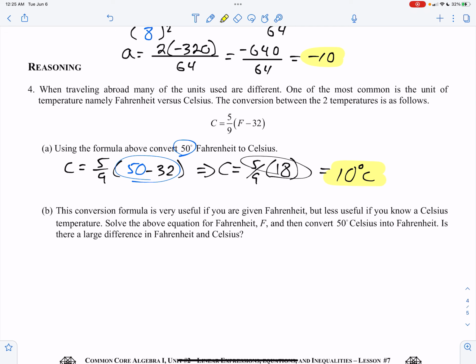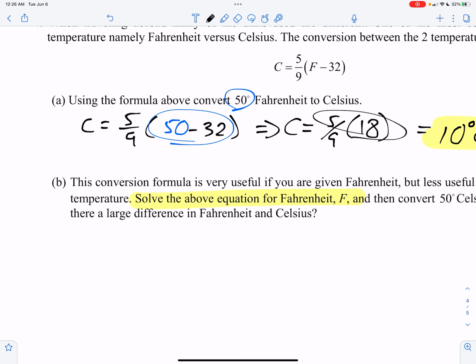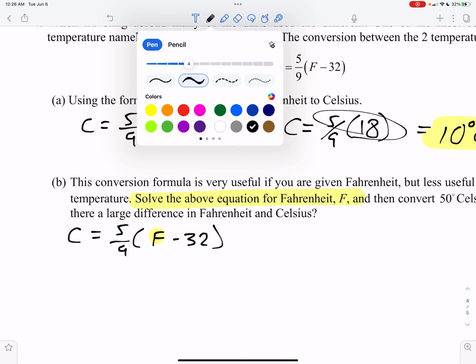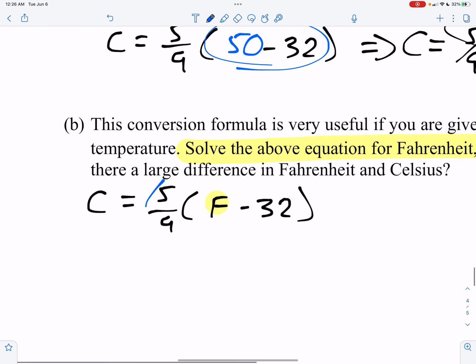Now, the conversion into Fahrenheit can basically be done the following way. So we're going to solve the equation for Fahrenheit. So C equals 5/9 times F minus 32. To get Fahrenheit by itself, we have to get rid of the 5/9 and then the negative 32. Well, to get rid of the 5/9, we're going to multiply by the reciprocal, which is 9/5, to both sides.